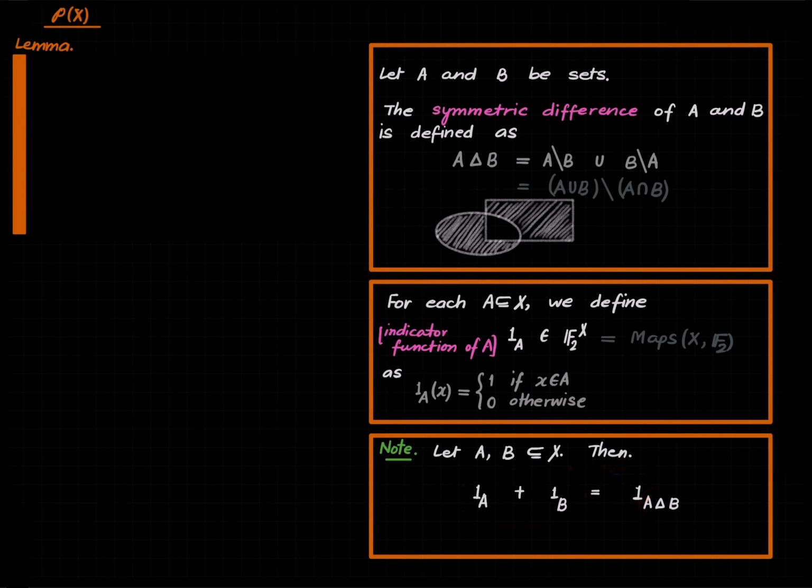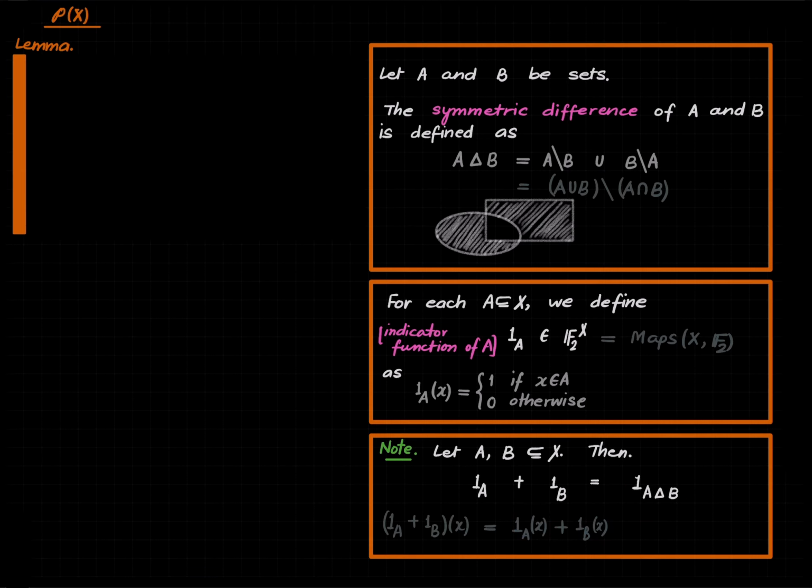And the proof is very simple. What is this value for any x? This is equal to 1_A(x) plus 1_B(x). If x lies in both A and B, then this gives a 1 and that also gives a 1, and hence you get 0, which is the same thing you get from the right hand side.